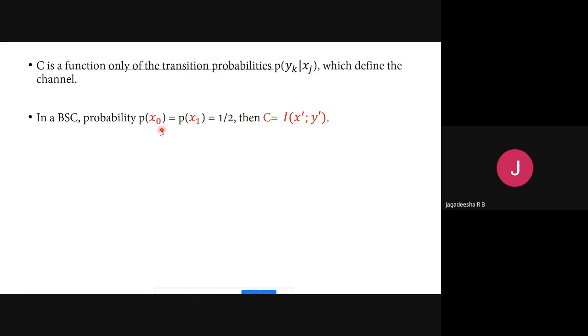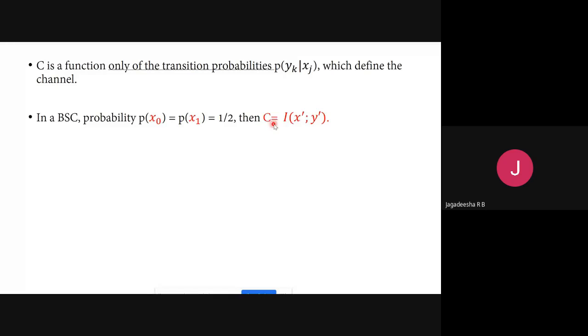We know that the probabilities of inputs are equal. That is, your input may be 0 or your input may be 1, and they have an equal probability, equal to half, right? The probability of input being 0 is half. The probability that input is 1 is also half.